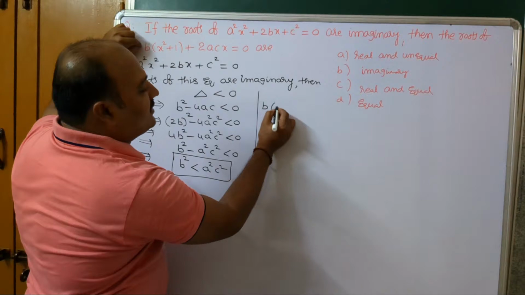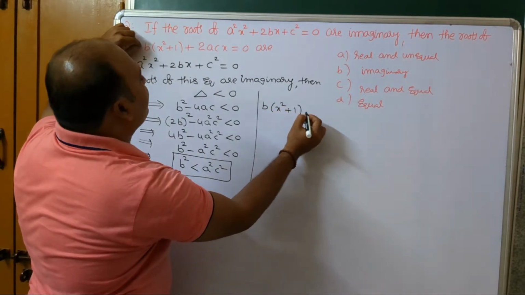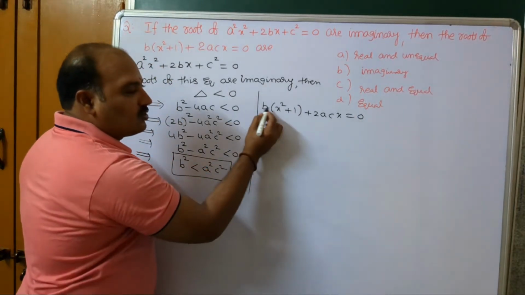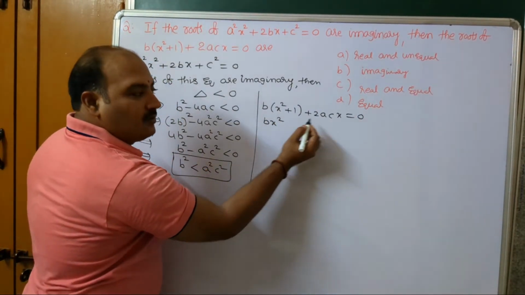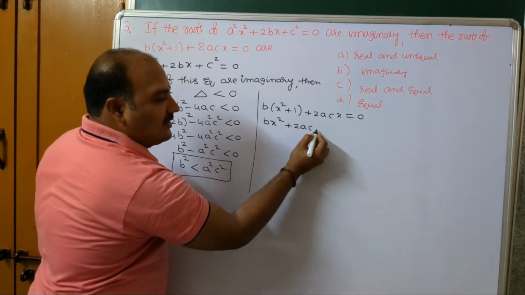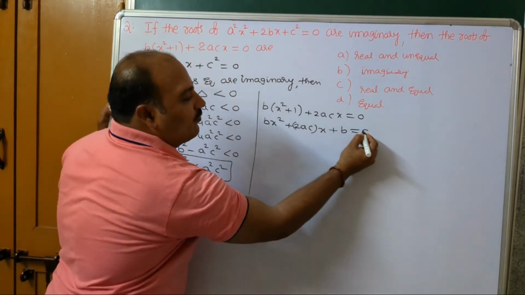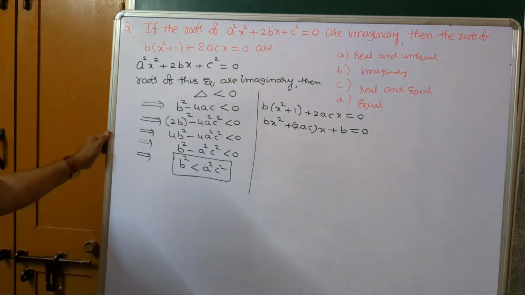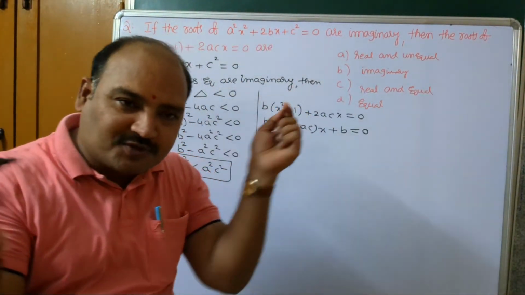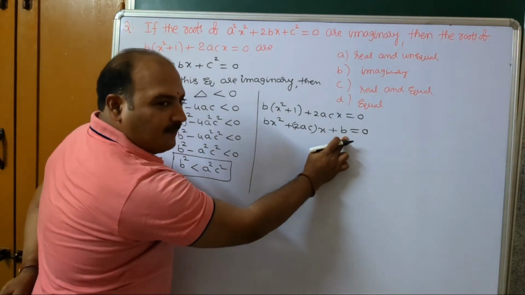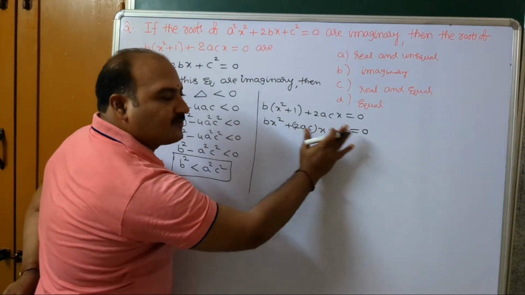After that, take the second quadratic equation: b into (x square plus 1) plus 2acx equal to 0. So bx square plus 2acx plus b equal to 0. The roots of this equation we need to calculate among the 4 options. So this is A, this is B, this is C. Compare with ax square plus bx plus c.